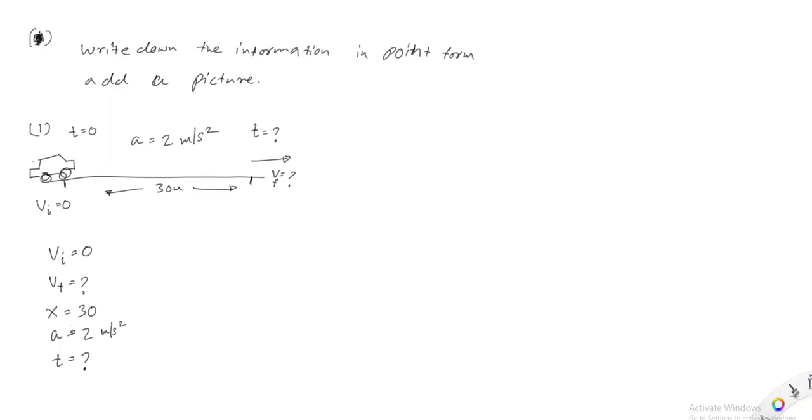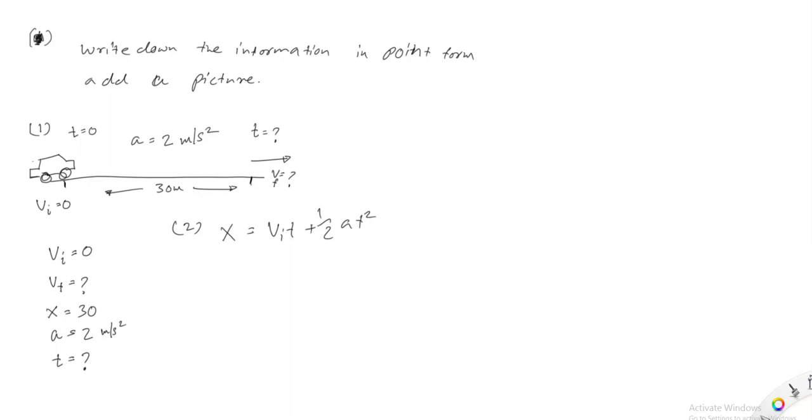By looking at the information in hand, I'm going to go with equation number 2, which says x equals V_i t plus half a t squared. Distance equals V initial times time plus half a t squared.